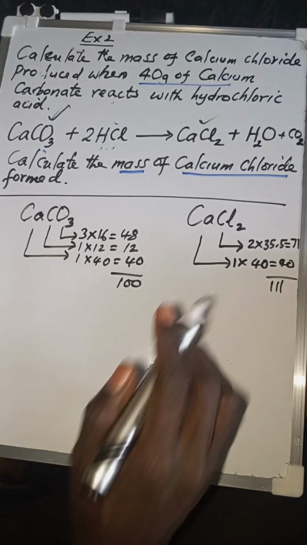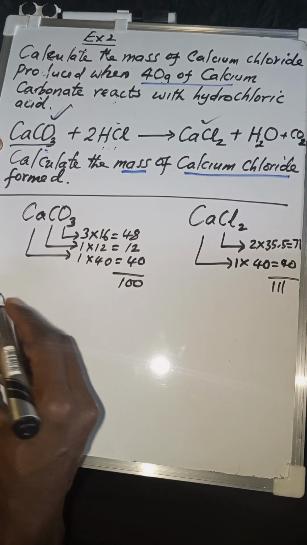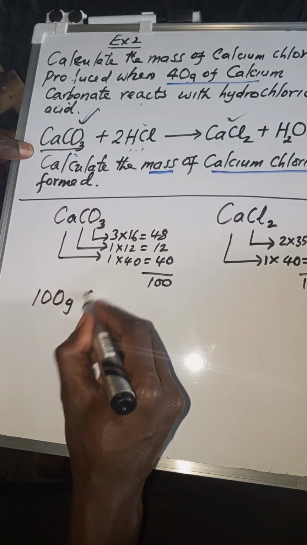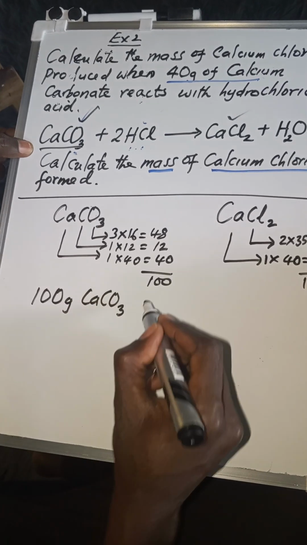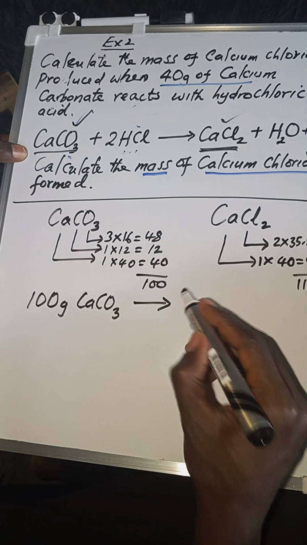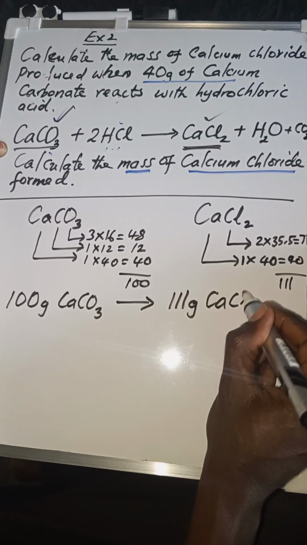So now once you find the molar masses, you are going to say from this balanced chemical equation, the mass of calcium carbonate is 100. So 100 grams of calcium carbonate produces what mass of calcium chloride? It produces 111 grams of calcium chloride.